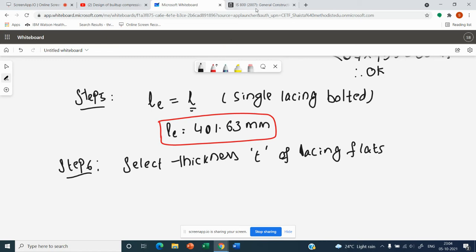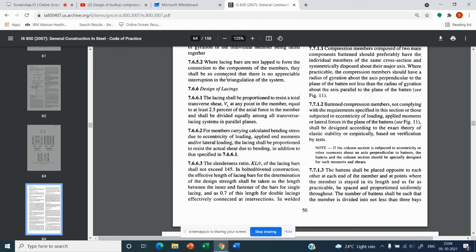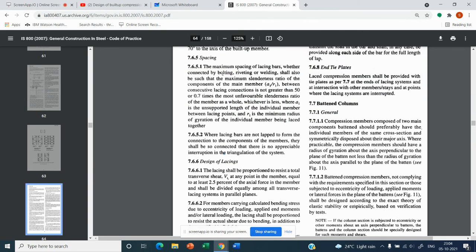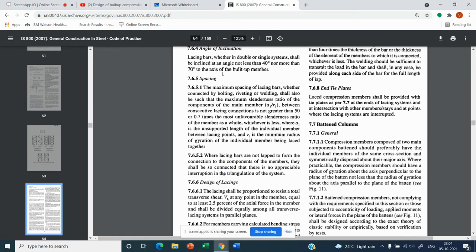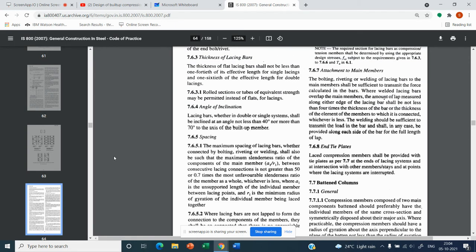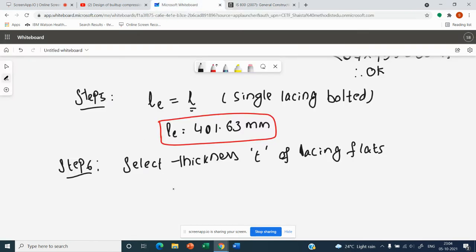For this, as per IS 800, 7.6.3, thickness shall be more than 1/40th of its effective length for single lacing. So I'll just find out how much it is.